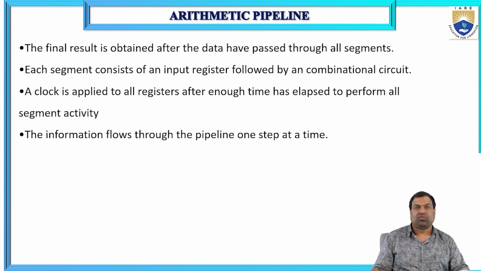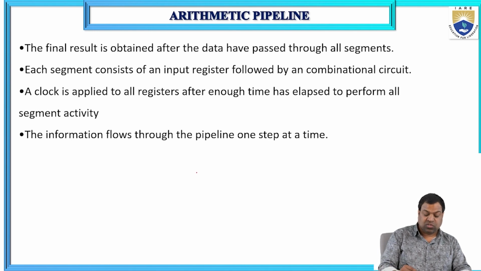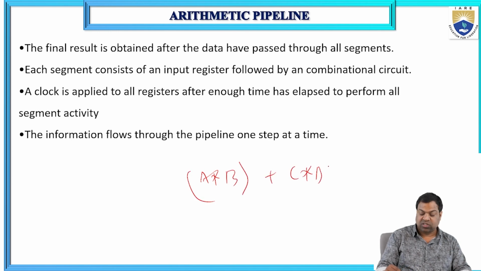Each segment consists of an input register followed by a combinational circuit. A clock is applied to all registers after enough time has elapsed to perform all segment activity. The information flows through the pipeline one step at a time. So, we are going to perform sub operations of A into B plus, for example, C into D. What is the result of A into B?